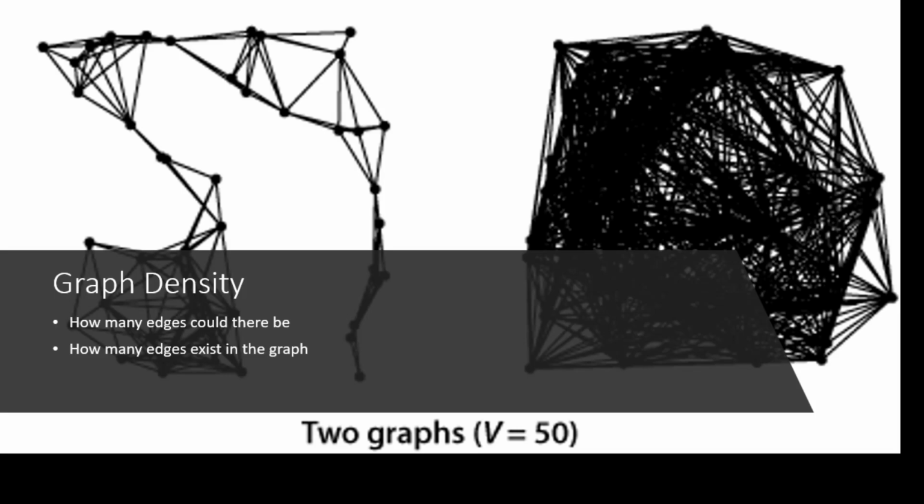So if you have three vertices and only one edge is filled, your density is basically 1 out of 3. So you can see the difference between these two graphs of theoretically the same vertices. The one on the right has a whole lot of those connections in play. The one on the left doesn't have very many connections in play. There are things that are completely unconnected, but the other one is very, very dense. There's a lot of connections here.